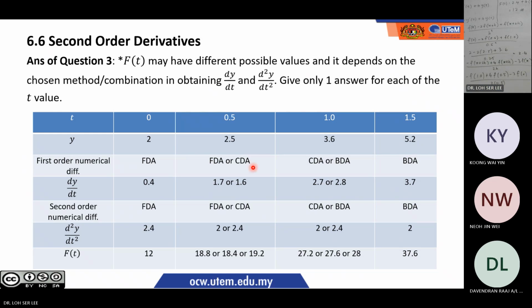So if we want a better result, you can use the standard difference approximation. You can use FDA, but CDA will give you a better approximation. Normally we choose the one that gives a better approximation. So if you use this CDA, you get this one.